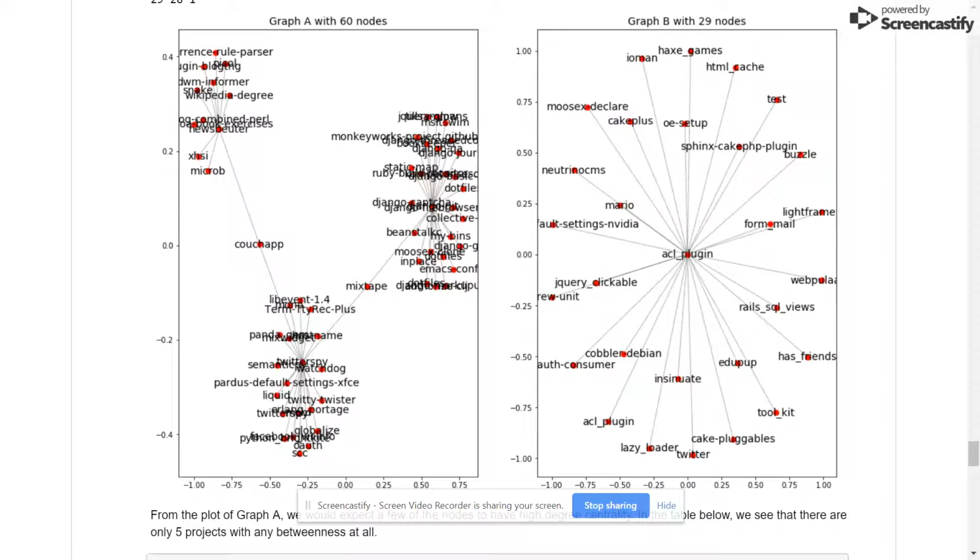In the user graph, there were many mutual ties between nodes, but in the project graphs, we see that there are a handful of project nodes that connect other projects together. Graph A has 60 nodes with some prominent bottlenecks and bridges, and graph B has 29 nodes. And it looks like a broadcast network with a single node connecting all the other nodes. We're going to see if our network metrics confirm what these plots look like.